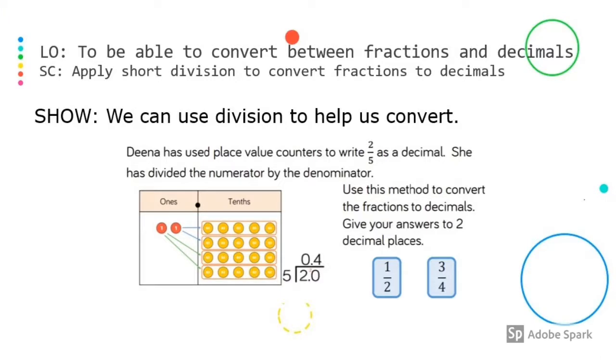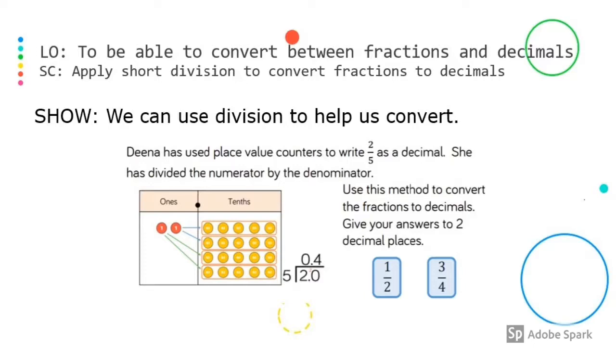Placeholders hold the place of a number and help us to exchange in division. 5 fits into 2 0 times, so she's put a 0 at the top of the bus stop. We've got decimal numbers here, so she puts a decimal point after this. Because the 5 couldn't fit into the 2, she's exchanged this 2 into 20 tenths and put a little 2 before the 0 that she drew earlier. 5 can fit into 20, and it does so 4 times.